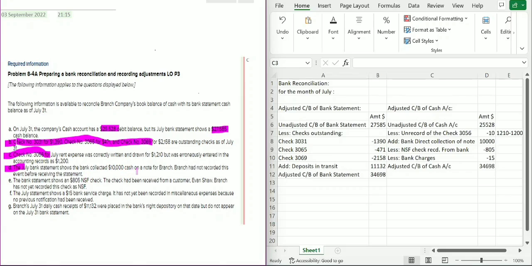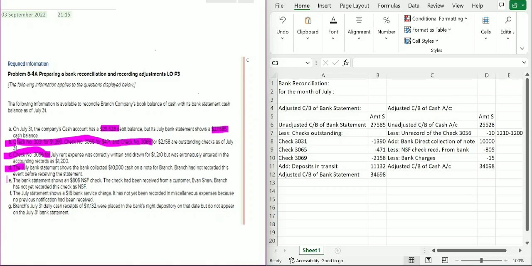So the bank has credited the account of the company. Now we have to enter it in our cash book. Because we have received the cash, we add the bank direct collection of note, $10,000.